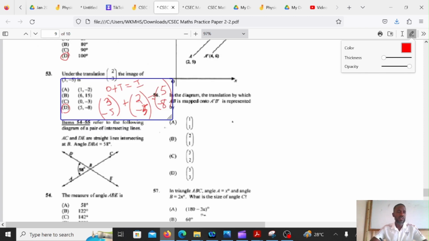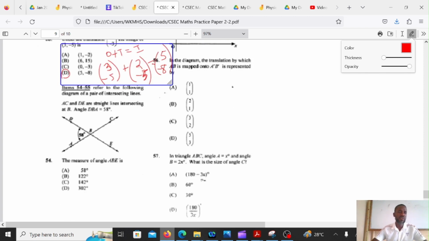Moving on to question 54, it says AC and DE are straight lines intersecting at B. Angle DBA is equal to 58 degrees. The measure of angle ABE. So they want to know this.